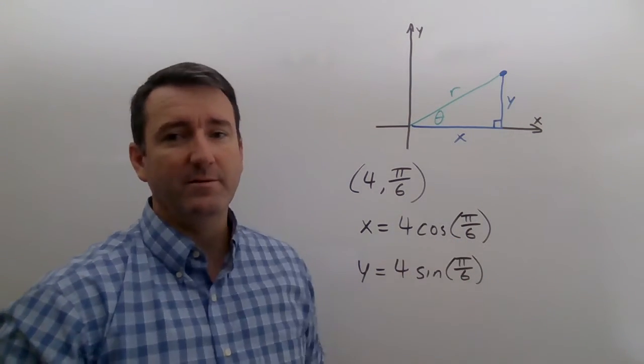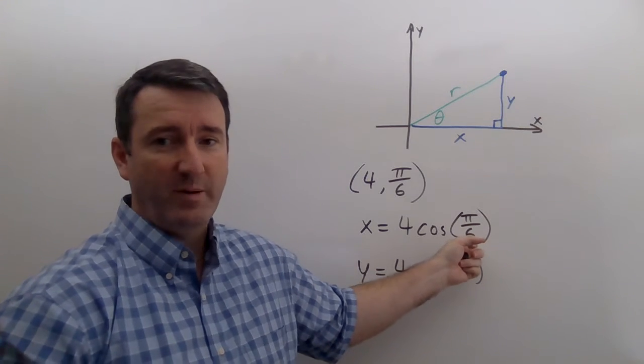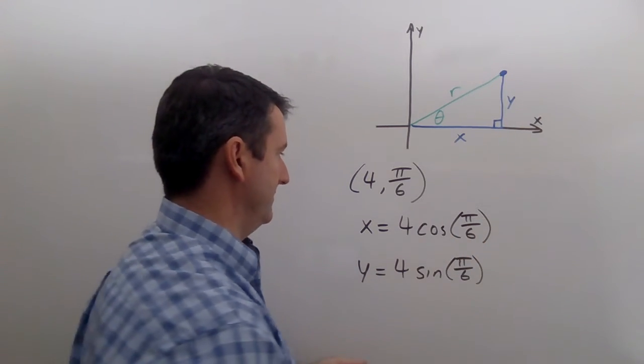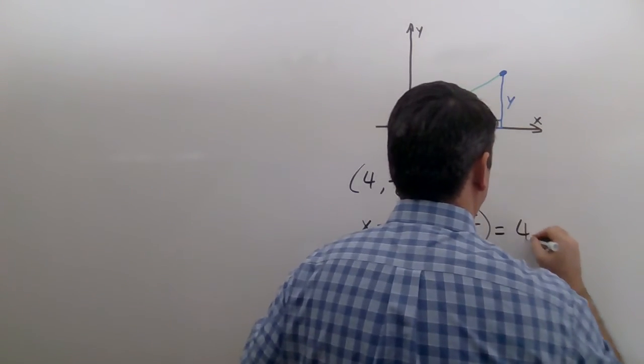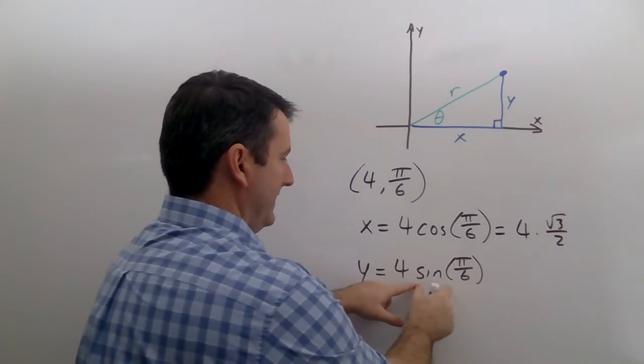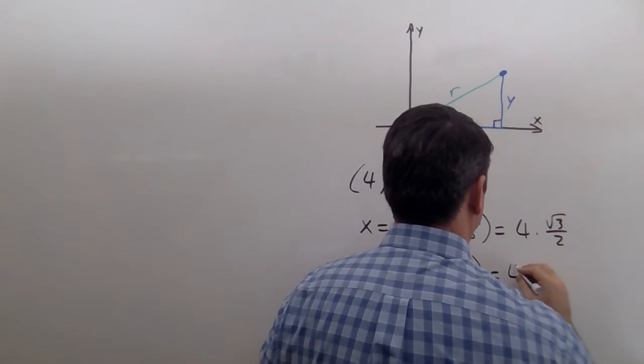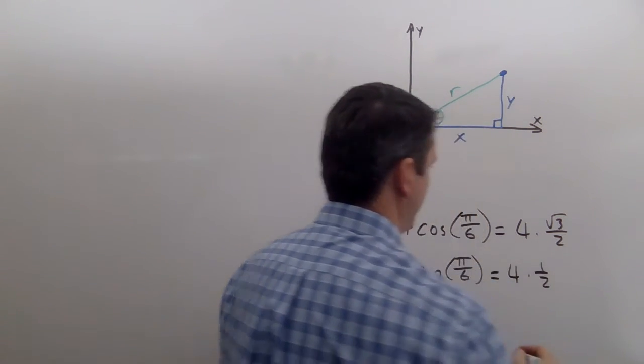And then we can pull out the unit circle and see that the cosine of pi over 6 is square root of 3 over 2. So x is equal to 4 times the square root of 3 over 2. And the sine of pi over 6 is 1/2, so y is equal to 4 times 1/2.